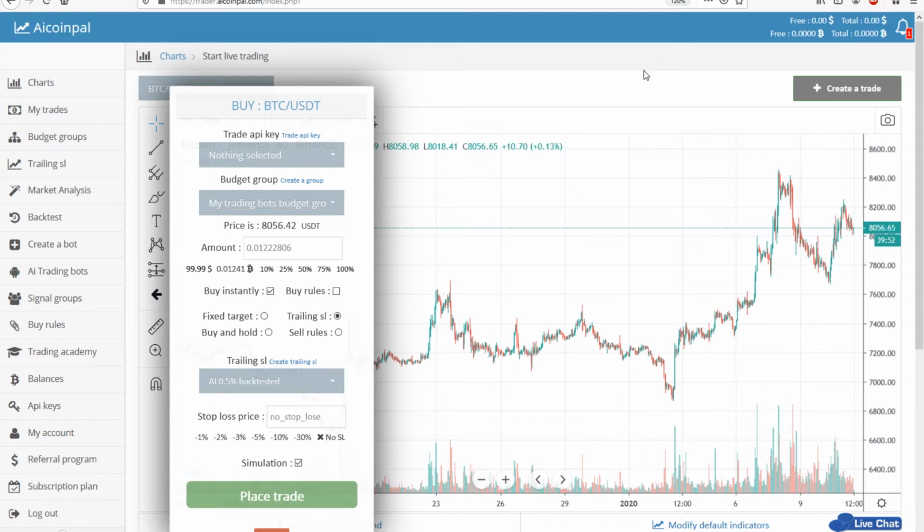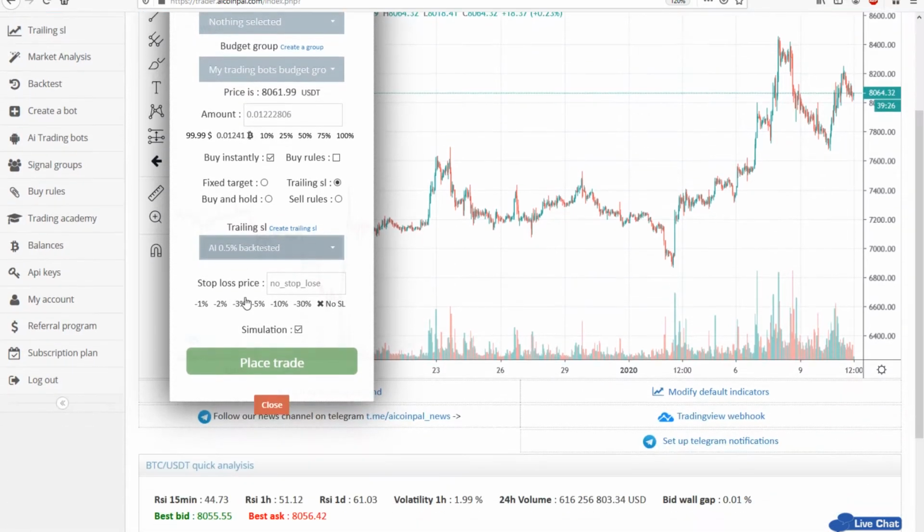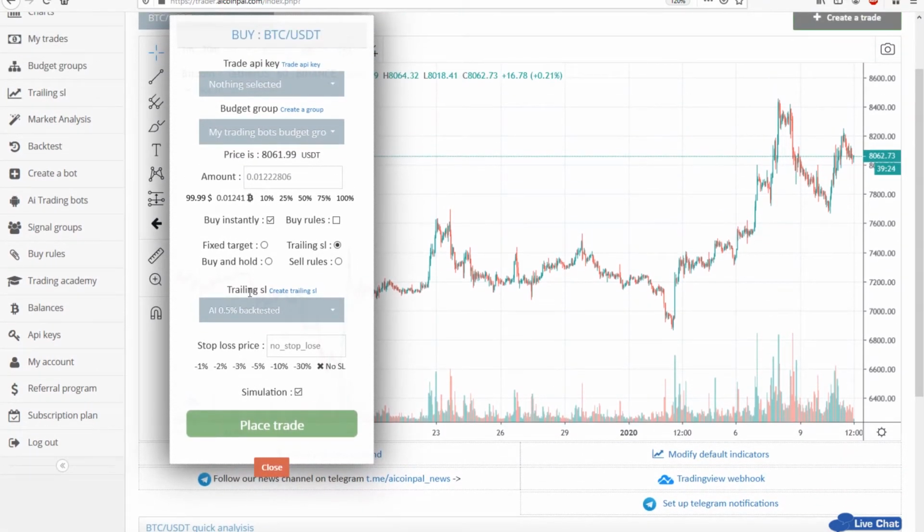So to not feel every time how much money you want to place on a trade, how many coins you want to buy, the system will do it automatically, saving you time, saving you effort, and it also gives an edge over your results, making them more balanced and more, let's say, organized.